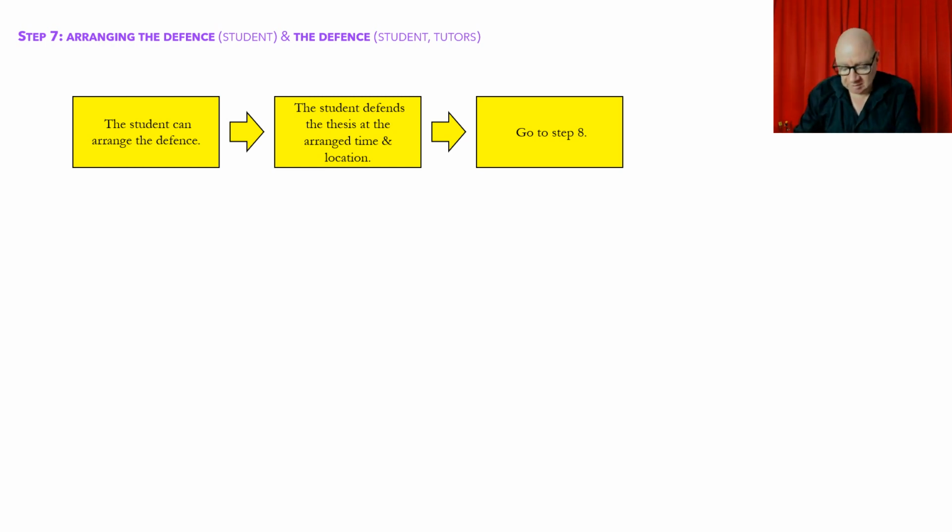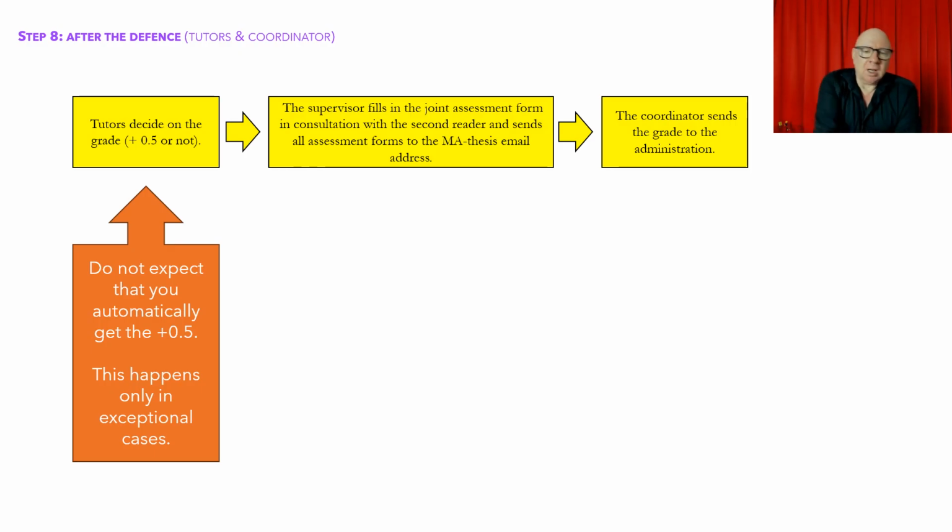And then after the defense, that is step 8. Usually, if you have family and friends, then you and your family and friends are asked to leave the room, and then the tutors decide on the grade. Now, if your defense was excellent, you can get half a point extra.